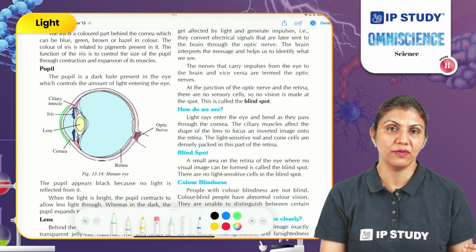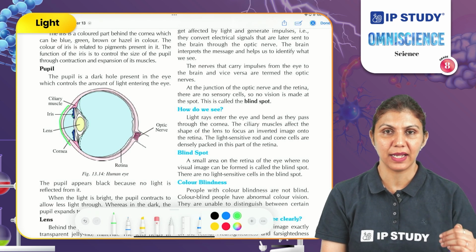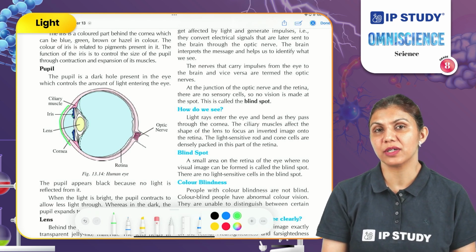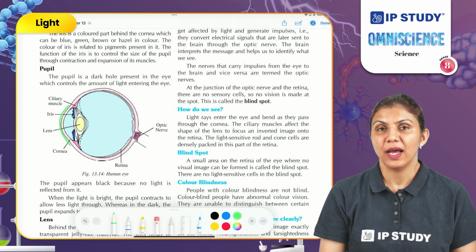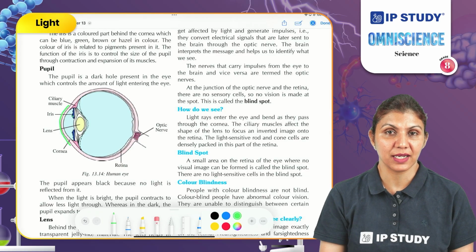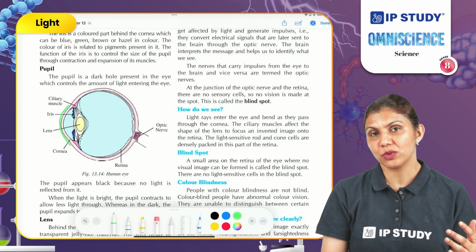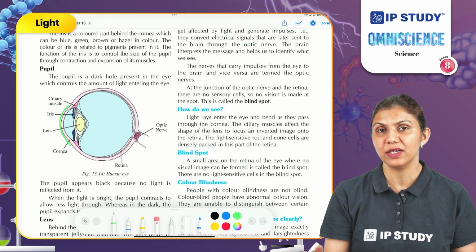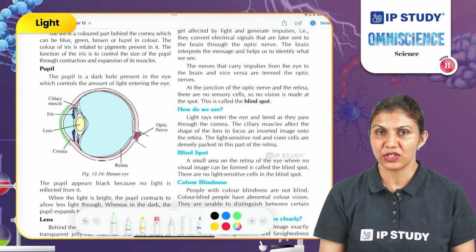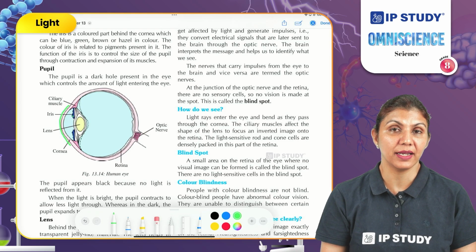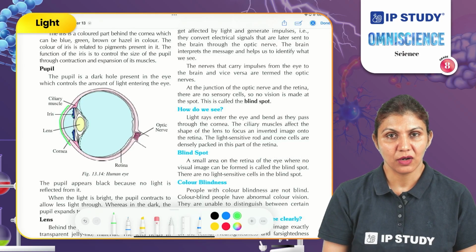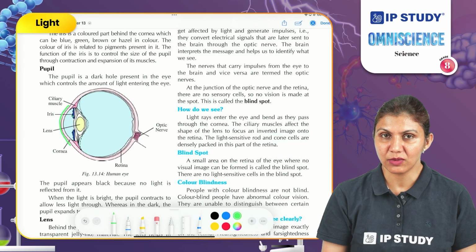For example, if you enter a room with dim light, what do you do? You try to open your eyes wide so that you can see the objects clearly. Why? It happens so that more light from the different objects after reflection can enter your eye, and it helps you to form the image of objects in your surroundings.